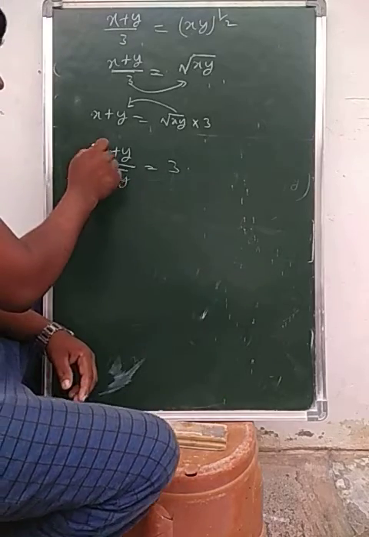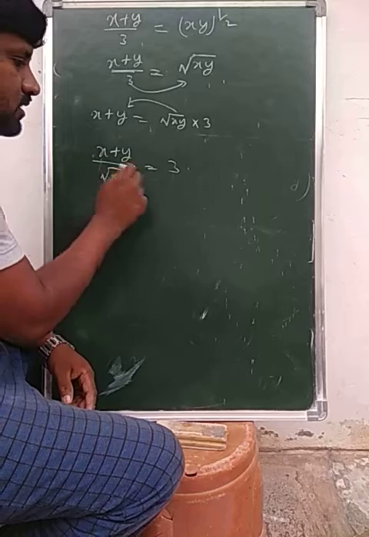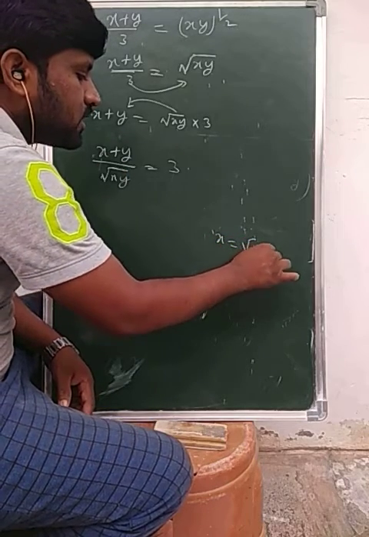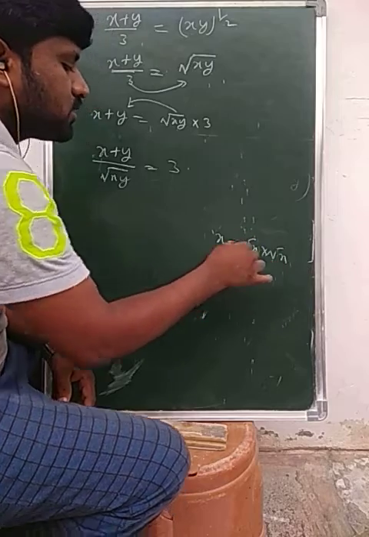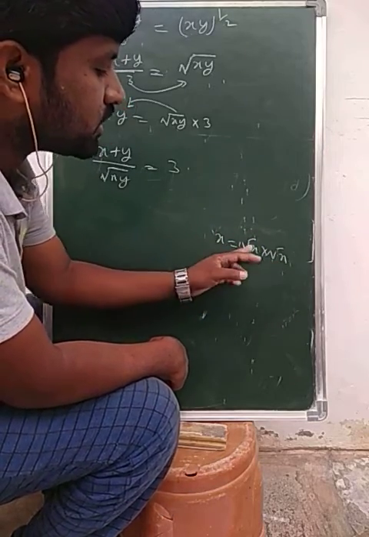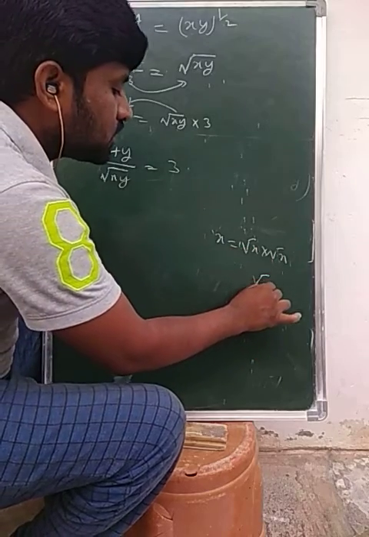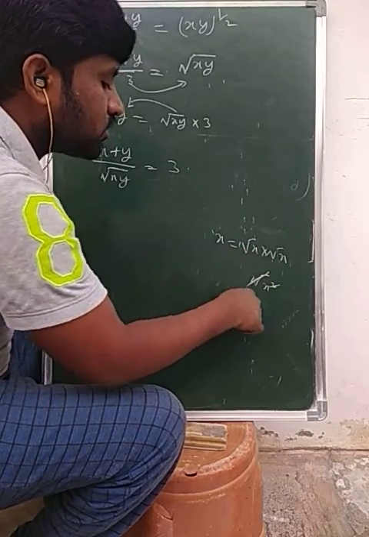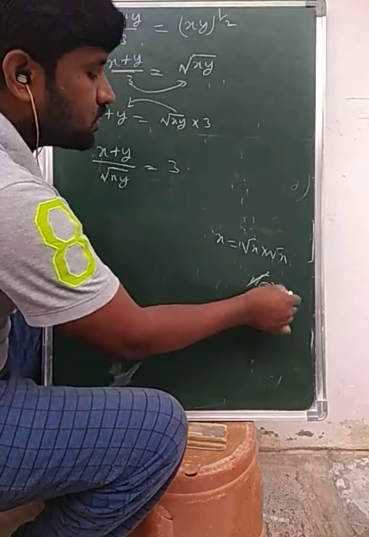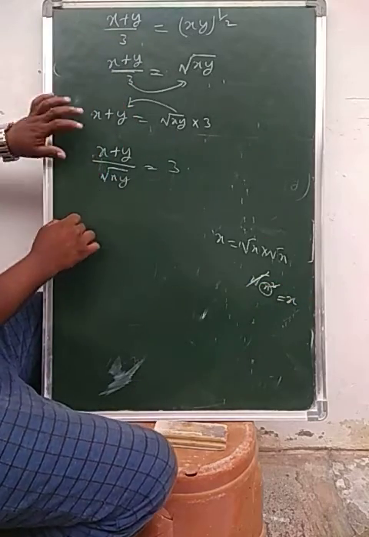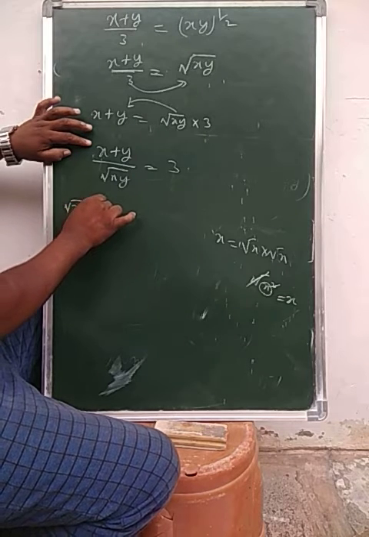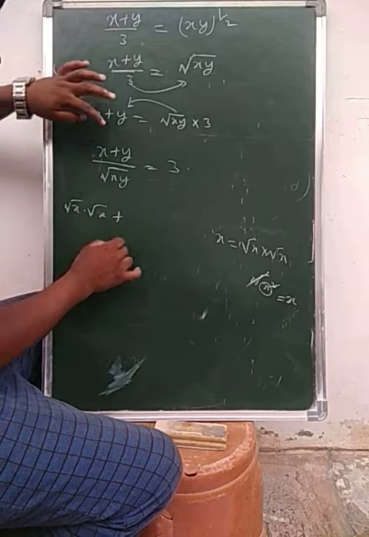Now, we can write x as root x into root x, because root x into root x is root x square, the square and root cancel, and we simply get x.